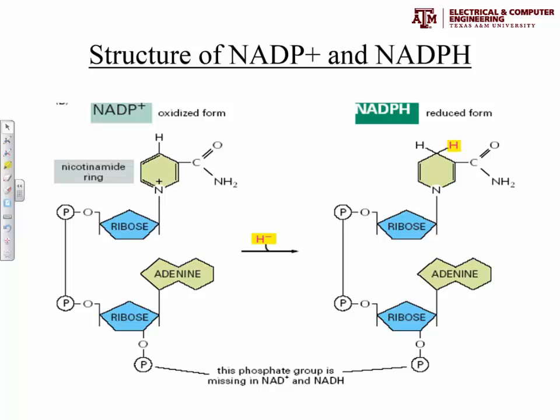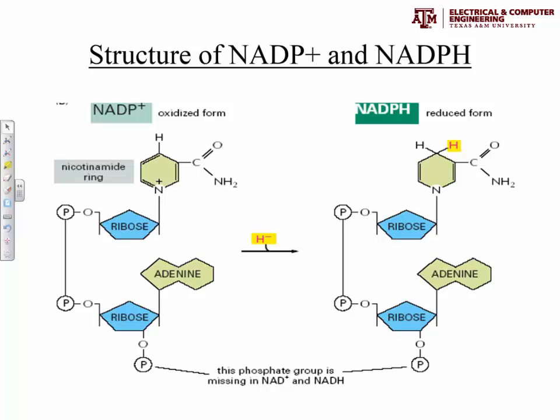Notice the portion indicated in yellow. The molecule on the right has those two high energy electrons stored along with the proton in that hydrogen atom indicated with the yellow.